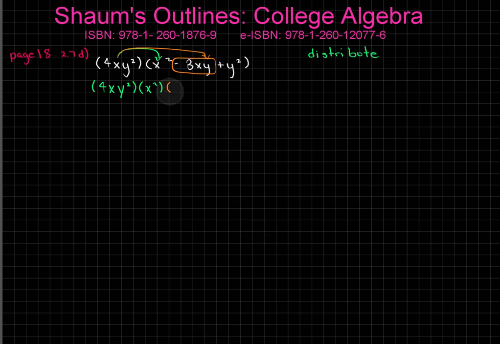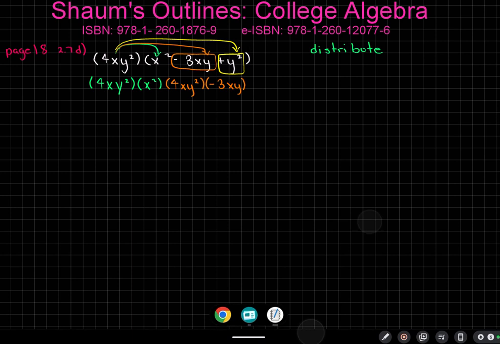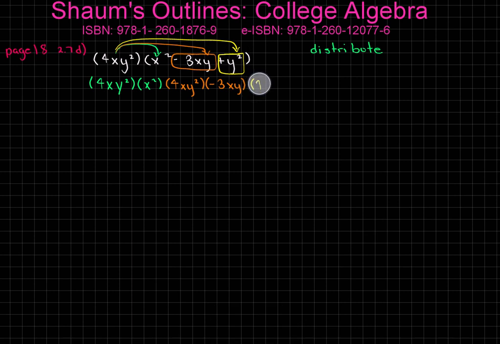So 4xy squared times negative 3xy. And then I have 4xy squared times positive y squared.